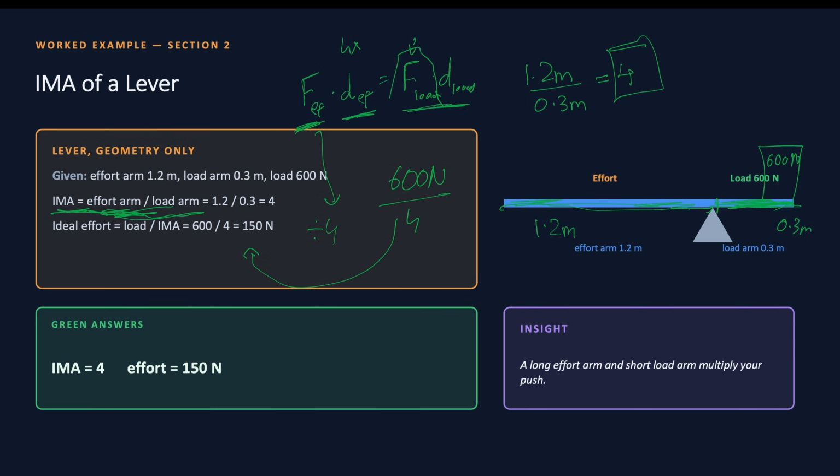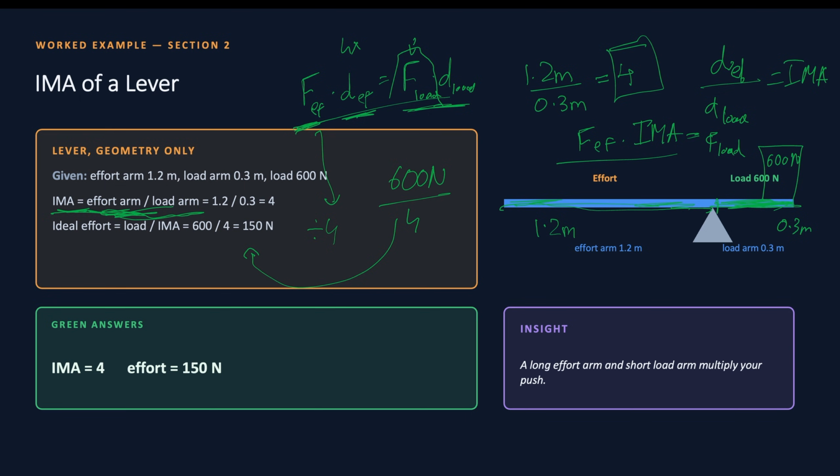Okay, so for ideal mechanical advantage, just D effort, which is how much you use, over D load, is IMA. And force effort times IMA is equal to force load.